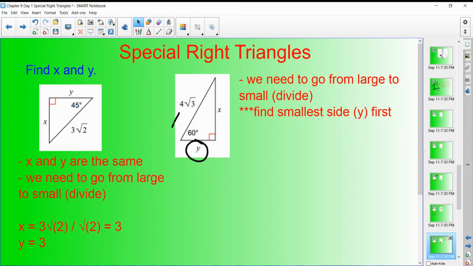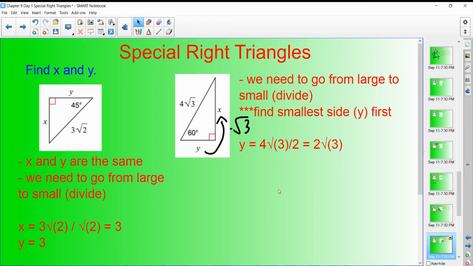So I know to go from the hypotenuse to the small side, I divide by 2. So 4 divided by 2 is 2, so I have 2 square root of 3. And now to go from small to medium, I multiply by the square root of 3.